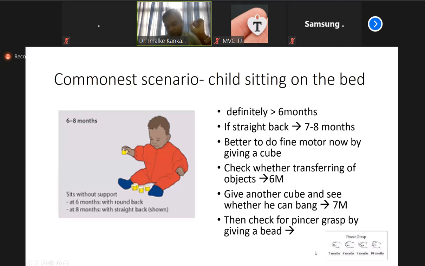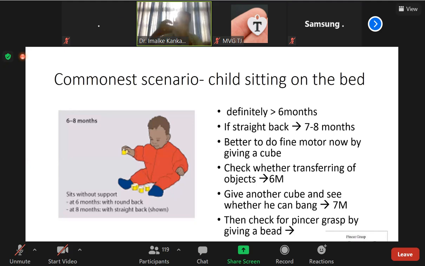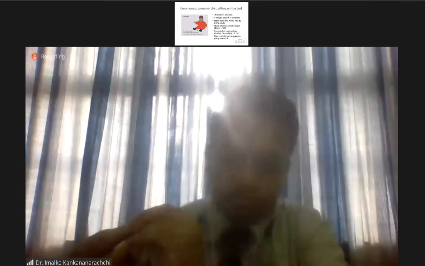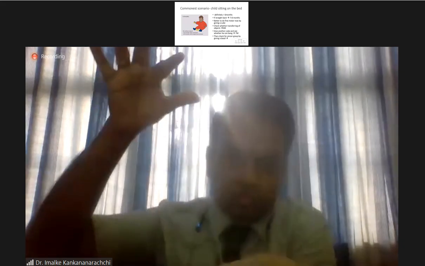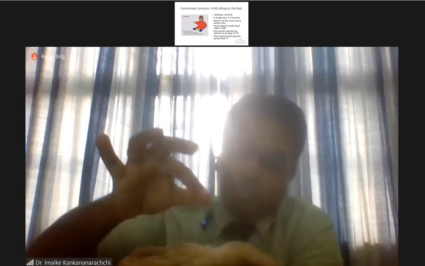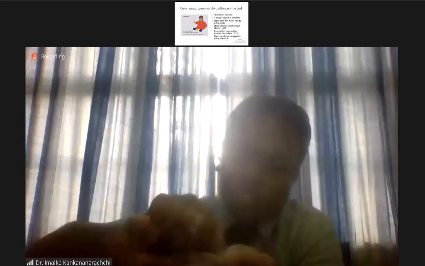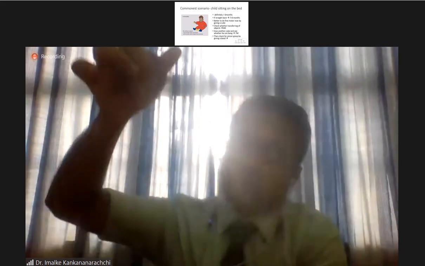So there are different ways of assessing this pincer grasp, right? Some, around 7 months, try to grab it. Now I will show you, right? So when you keep it like this, around 7 months they try to take it like this, right?